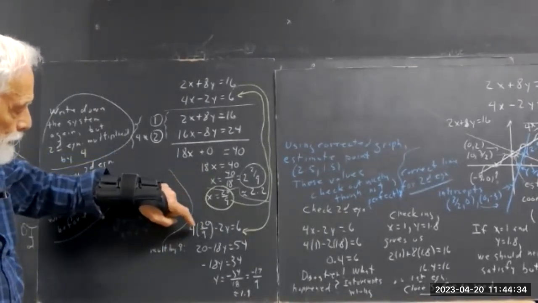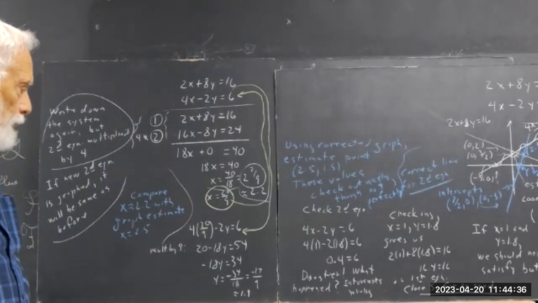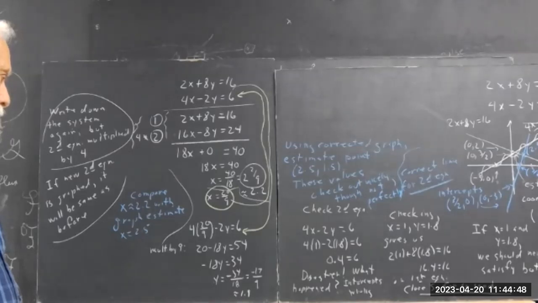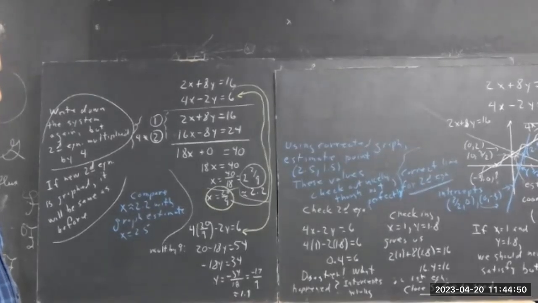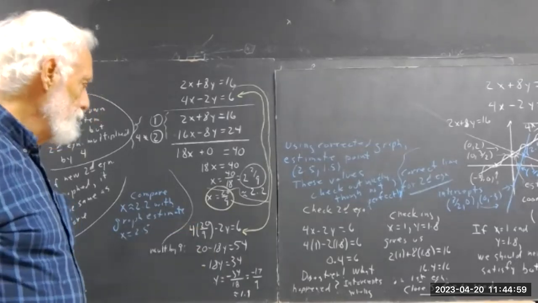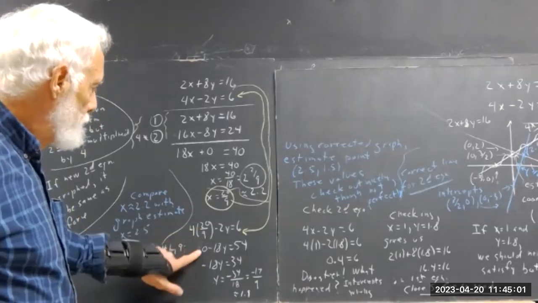So anyhow, you multiply both sides by 9. Now, multiplying 4 times 20 by 9, uh-oh. This is terrible. I really screwed that up in the last class. I didn't multiply by the 4. This should have been 80.